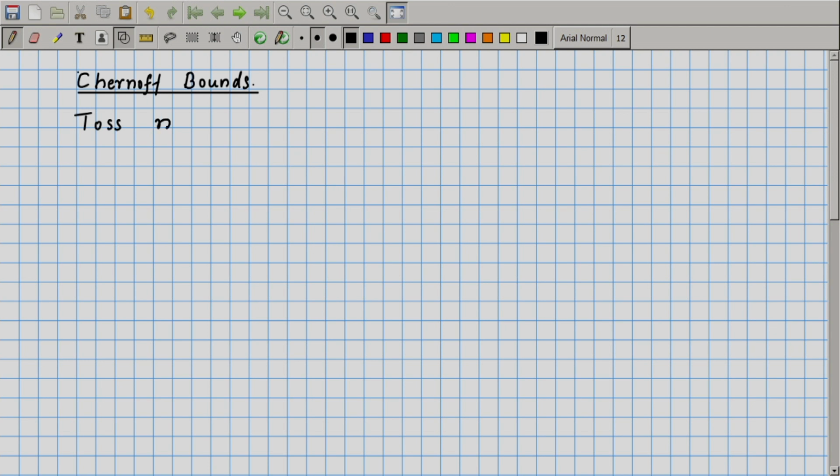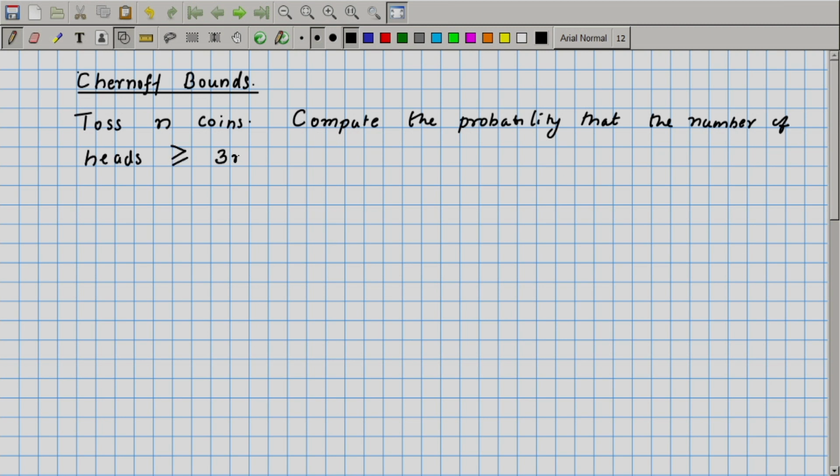Toss n coins, compute the probability that the number of heads is greater than, let us say, 3n by 4.